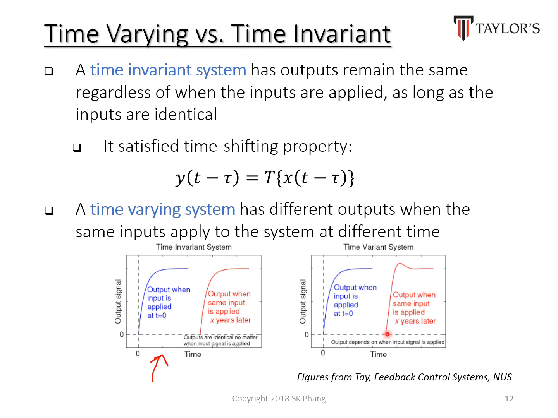However, if you delay it, let's say after 1 year, you apply the same input to the system, the output will be different. This is called a time varying system. So this system is bad for analysis, meaning that any analysis that you do now will be different when you do it after a few months or after 1 year. So in the next slide, you will see examples of a time invariant system and also a time varying system.